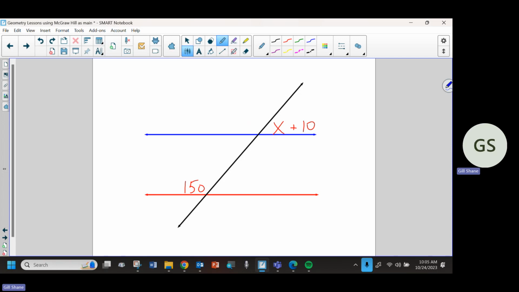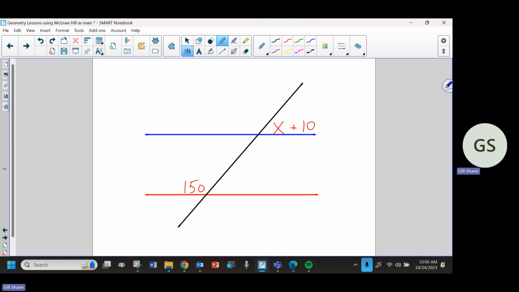All right, so again, we have two options when we have the measure of two angles and we're trying to solve using those two angles. Either we set them equal, or they add up to 180. You just have to figure out which one is the case. Your first question is, does that angle equal 150?